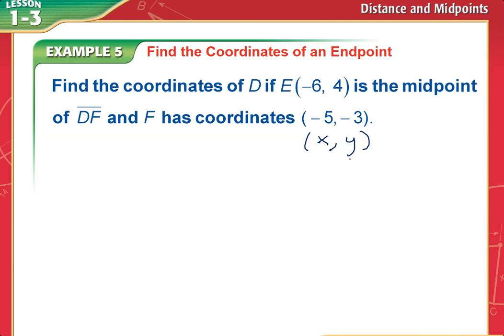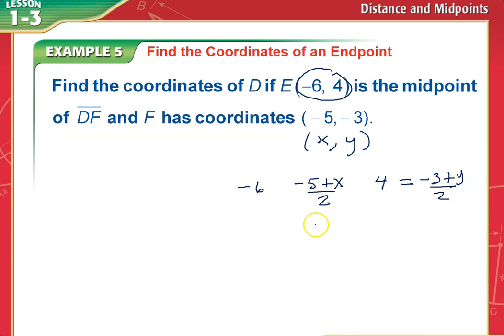So we know -6 can be found by taking -5 plus x and dividing by 2. We also know that 4 can be found by taking -3 plus y and dividing by 2.